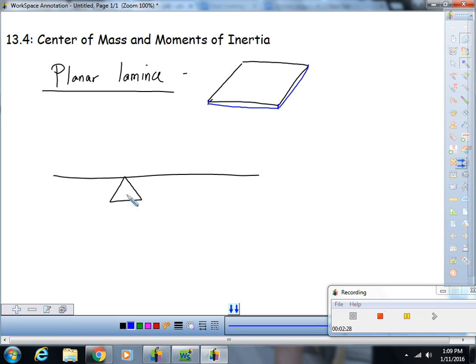Okay, so you could imagine that the distance between the fulcrum and Mr. G would have to be significantly greater than the distance between the fulcrum and Mr. U.